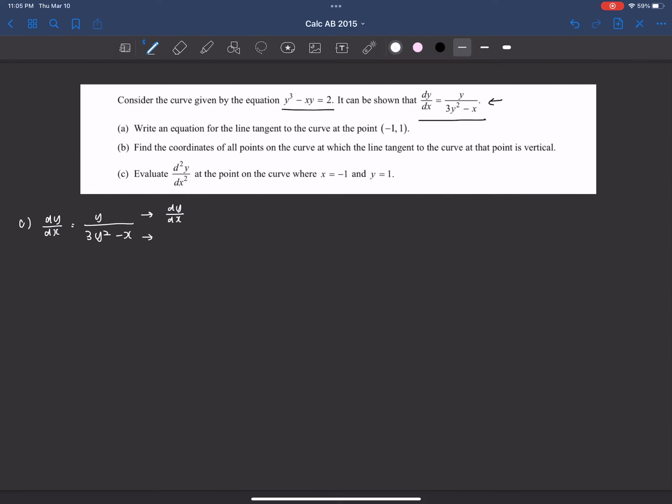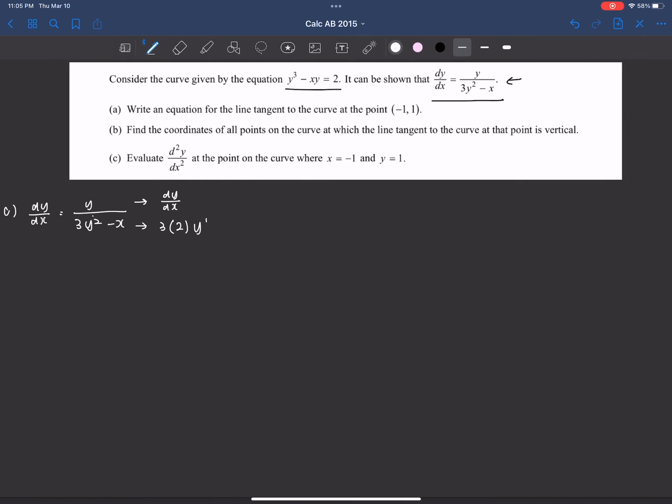And for the denominator, we can use the same concept of the dy dx thing, except now it's just a power rule. So you get 3 times the power of y, which is 2, and then y to the 1, because this power transfers over here, and then you subtract 1 from it.